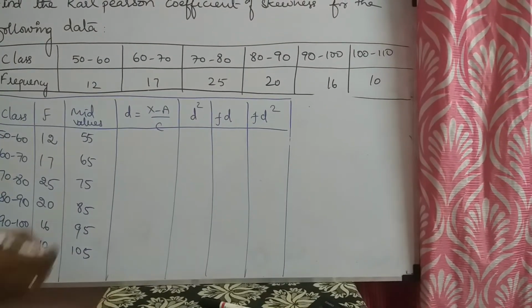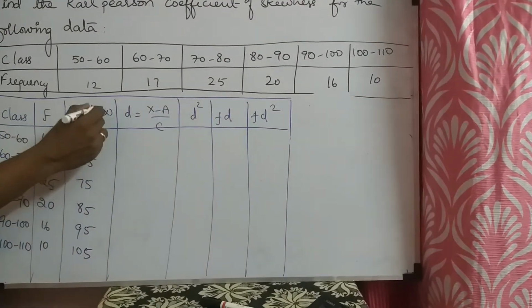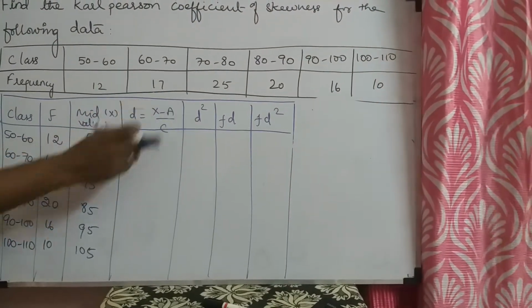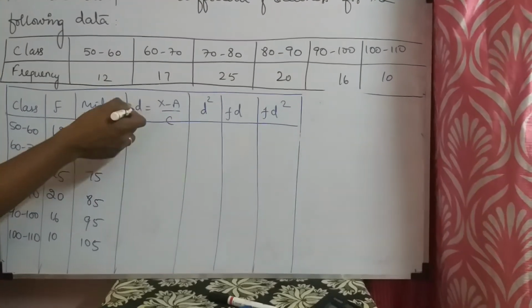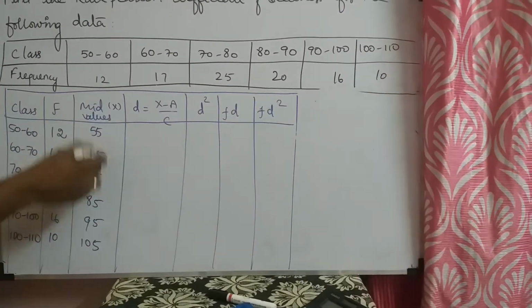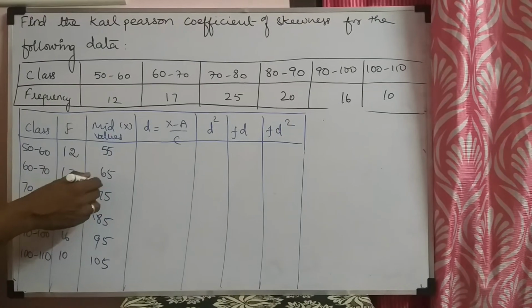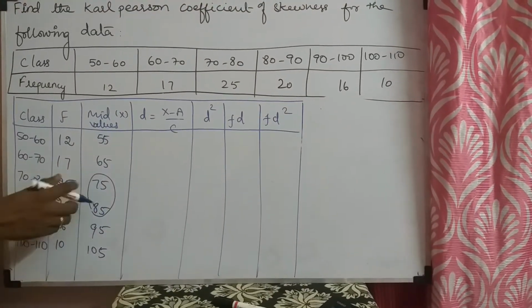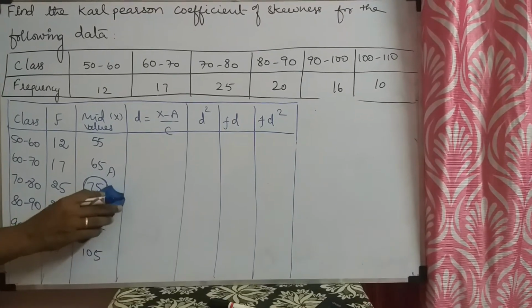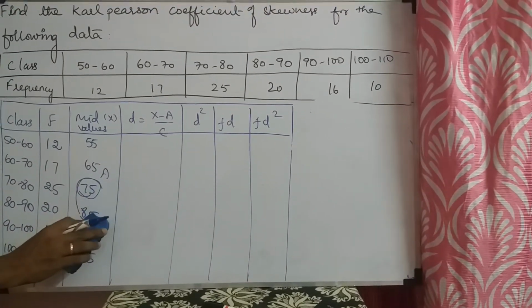Next, in this series we are assigning x here, and we are going to find a, so we can easily find d. Assign the a value from the middle of the mid values. The middle of the mid values is 75 and 85. So I choose 75 as a. So here I assign a as 75.